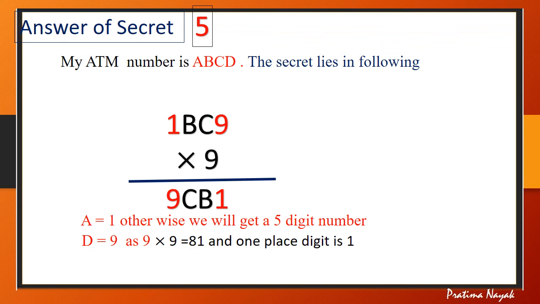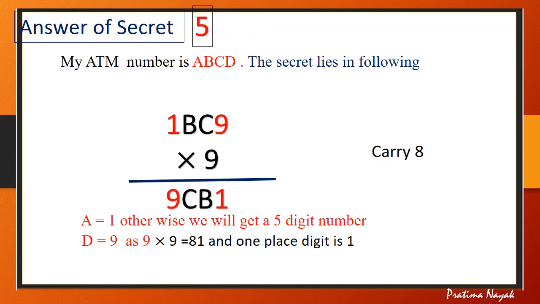Next, coming to C and B. This is slightly tricky. Can you think of it? Are you able to do it? So here 9 9s are 81 and we have put 1, so we have carried 8. Now you have to think of what should be multiplied with 9, and 8 will be added, so that I'll get a number equal to B. B will be very small, then only will your product be 9000 something.